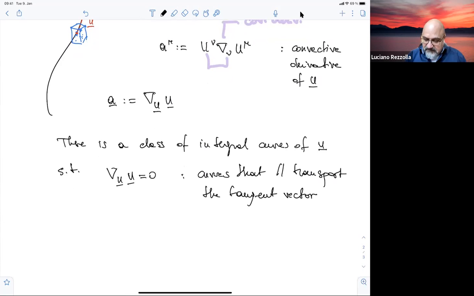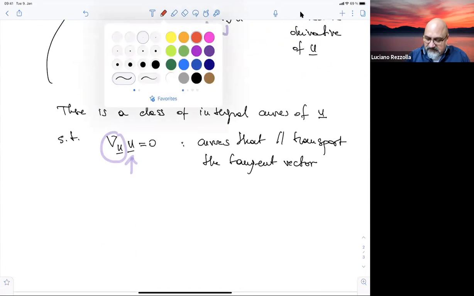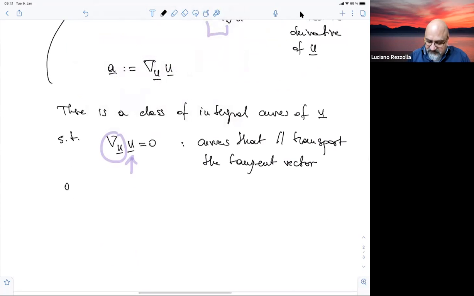Because I'm taking the covariant derivative along u, and u, as we said, is a tangent vector to the curve C. And what are these? Well, these are well-known curves. These are the geodesics.